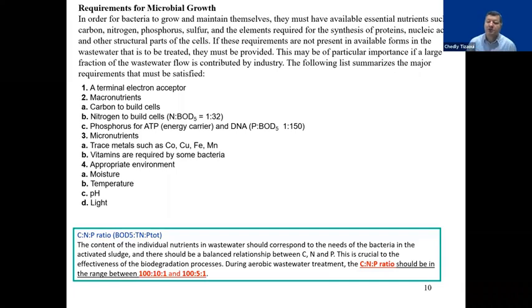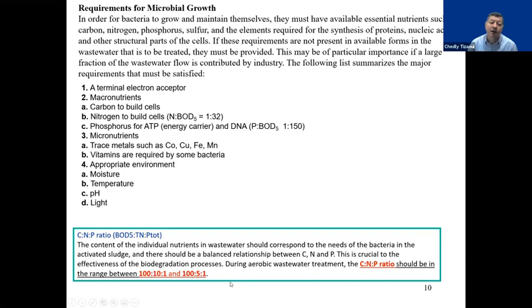So that's quite important. And this leads me to think, if you are dealing with wastewater, particularly industrial wastewater, where the problems generally arise, you can't guarantee in an industrial wastewater to have these ratios correct all the time.